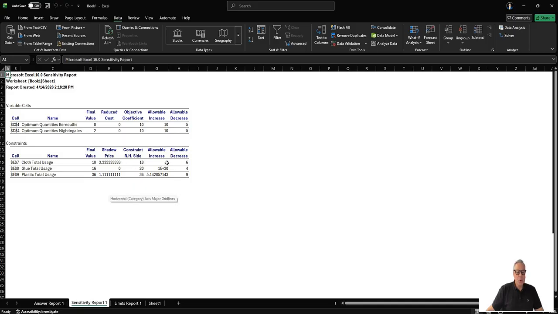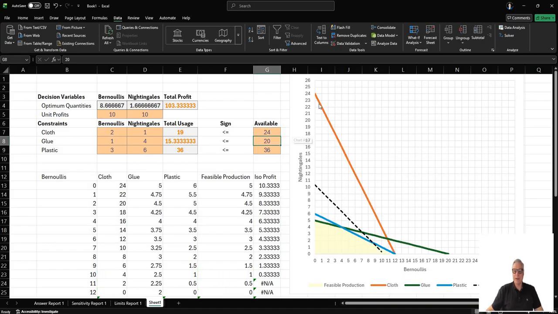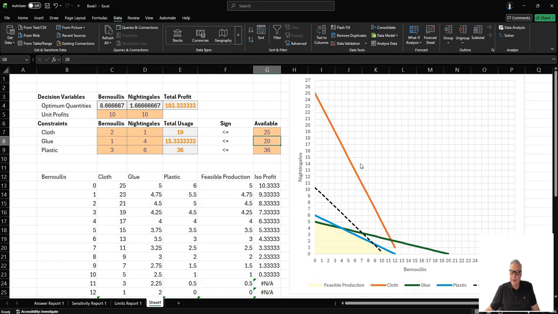But we are also told that the allowable increase is 6. Let's see what happens at 6. From 8 plus 6, that's 24. Now you see that the cloth constraint, which is the orange one, shifts to the 12. That means if you do more than 24, let's say 25, the cloth constraint is no longer the strongest constraint.